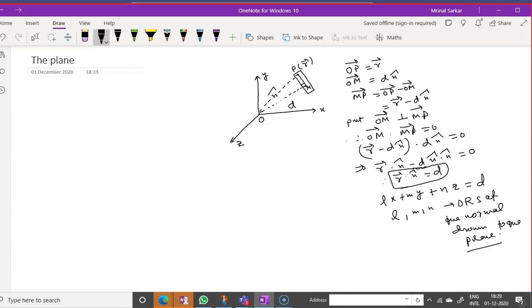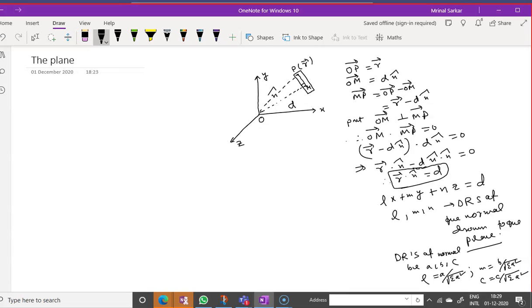Now to write the general equation, we can start from here only. Suppose direction ratios of the normal be a, b, c. Then l can be taken as a by root over sigma a square, and similarly for m and n, c by root over sigma a square.